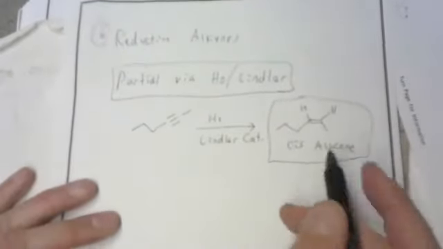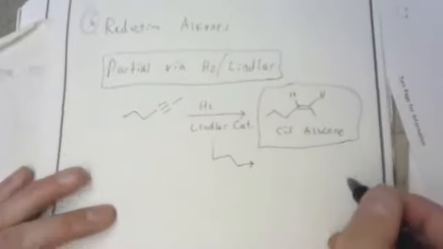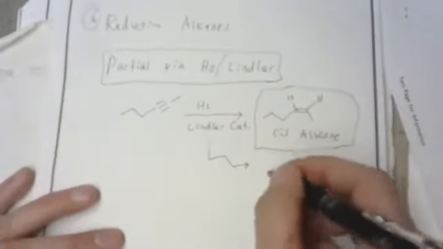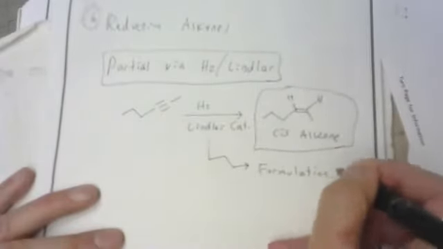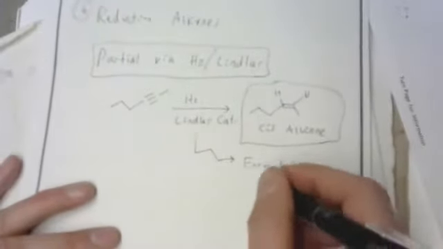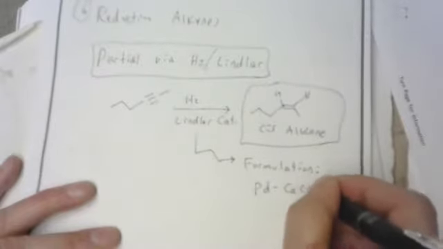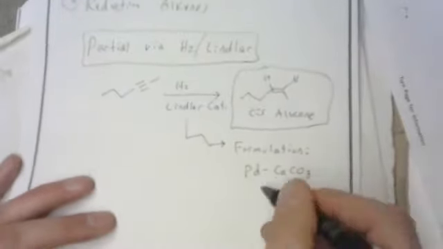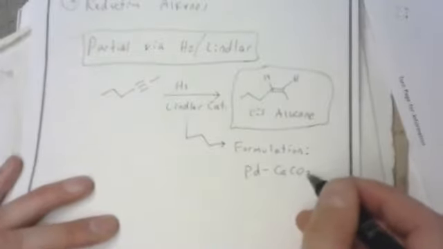Okay, and what is Lindlar? Not something you have to really care about or know, but it's a formulation of stuff. Palladium, calcium carbonate complex. So it's a special kind of palladium that's complexed to this calcium carbonate stuff.